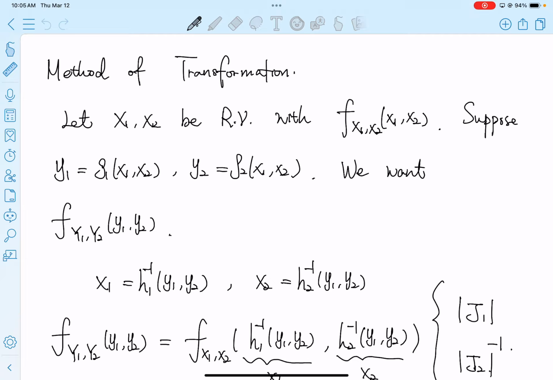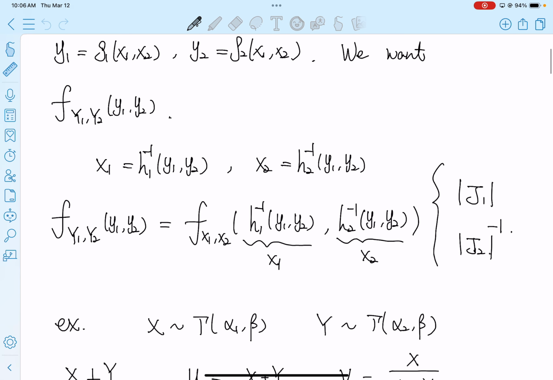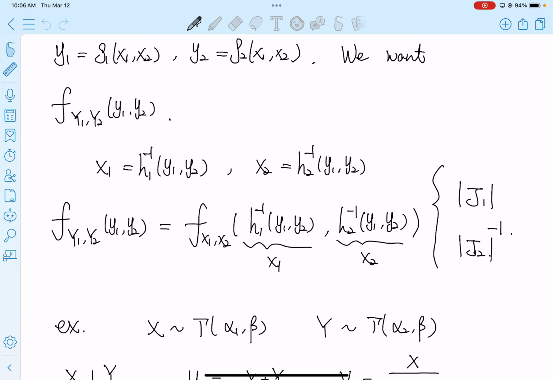It's more like a procedure, although the final result also provides lots of statistical insights. But the point is that I'm showing you how to use this transformation to get something.